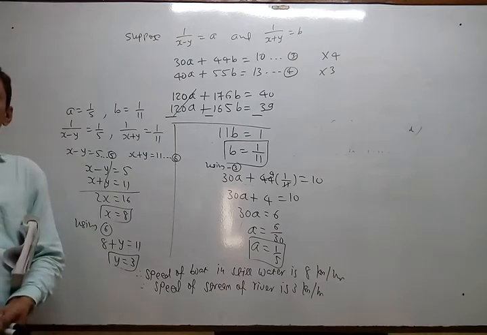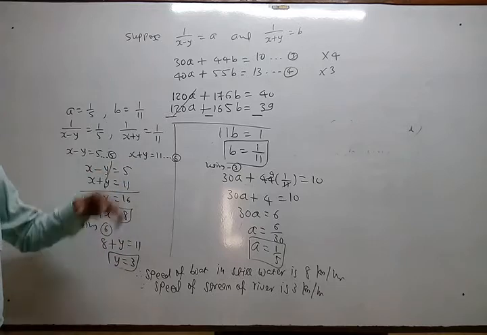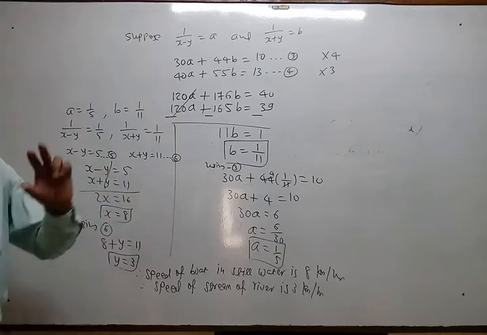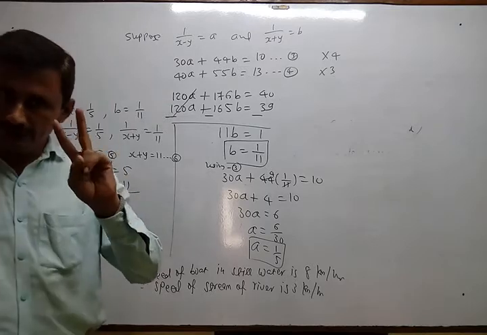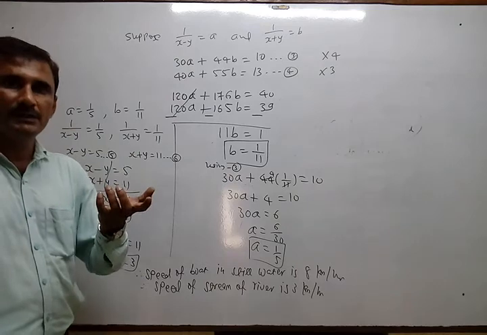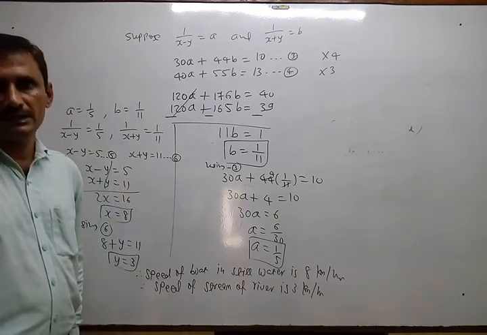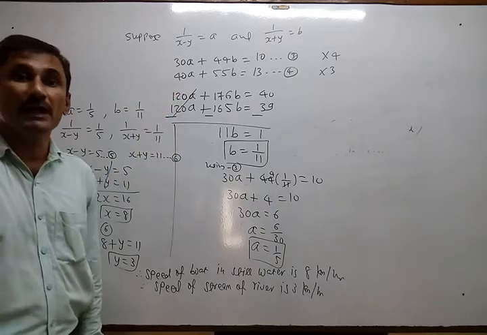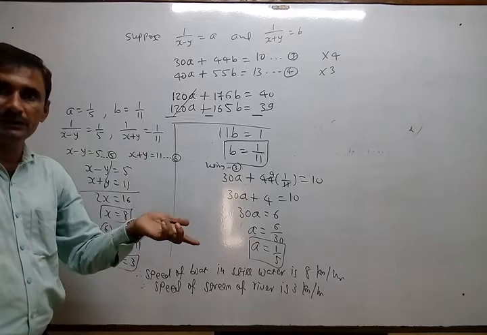So again, carefully read the question. Then according to our supposition, there are 4 lines of supposition: only boat, only river, meaning stream. Then combine the resultant speed, boat's plus river's speed and boat's minus river's speed. Then use that science formula, time equal to distance upon speed, and accordingly get equations 1 and 2.